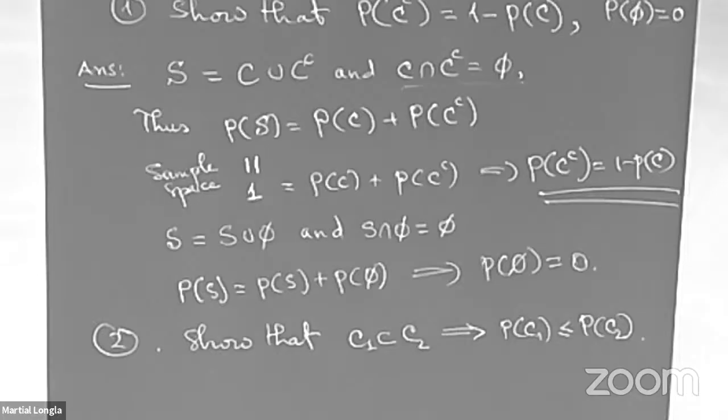So here what we need to do is use C1 and C2 to create two sets that are disjoint that will help you show that one is smaller than the other one. Correct. So you take out of C2 all the elements of C1, then you will get a set that has nothing to do with C1.